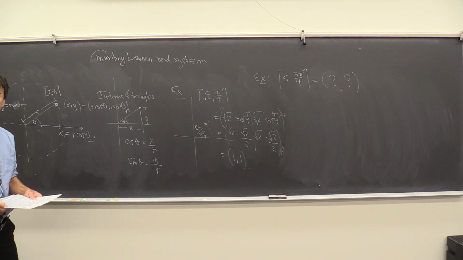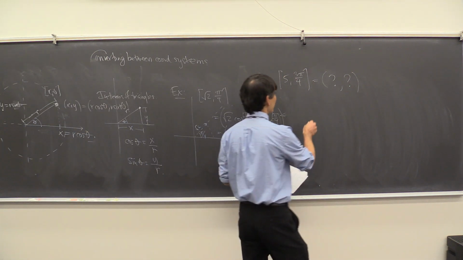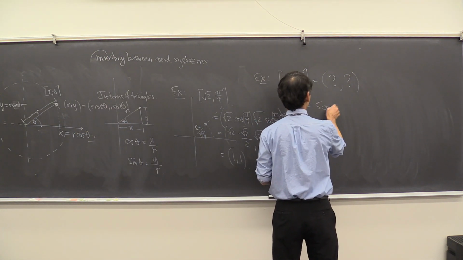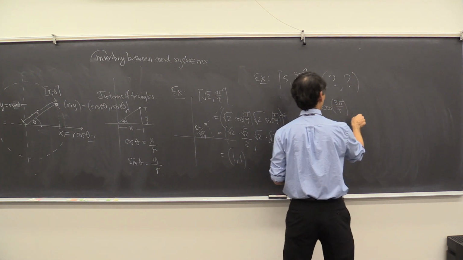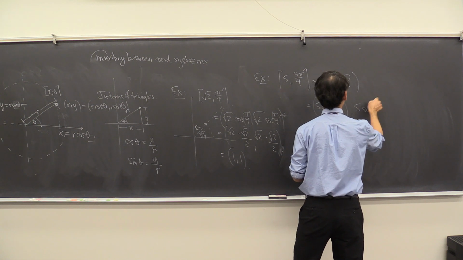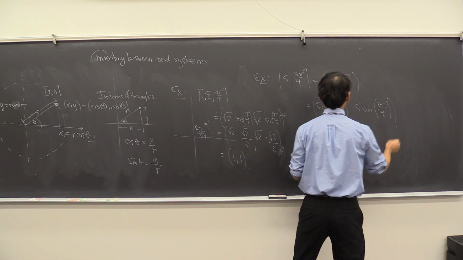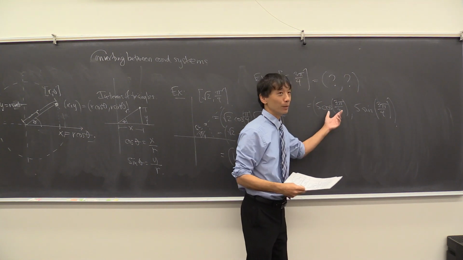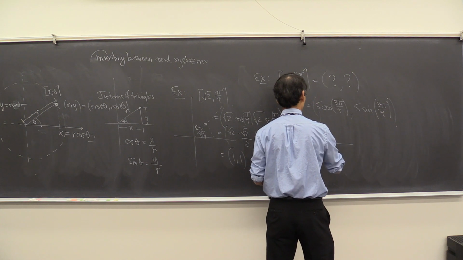With the 5 and the 3 pi over 4, I wrote the coordinates as 5 cosine 3 pi over 4 and 5 sine 3 pi over 4. Exactly. Nothing to be worried about. It's just going to be r cosine theta, r sine theta. And so the only thing is, what are the cosine and sine of 3 pi over 4?